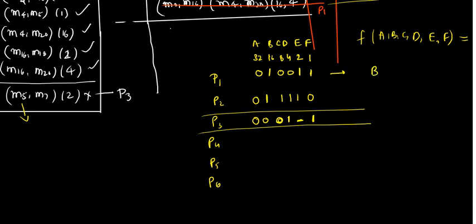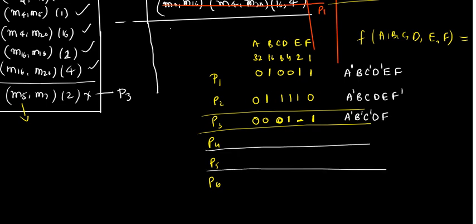How would you read that? A prime, B, C prime, D prime, E, F. This is A prime, B, C, D, E, F prime. This is A prime, B prime, C prime, D you have just removed by grouping, F. Now P4, P5 and P6.